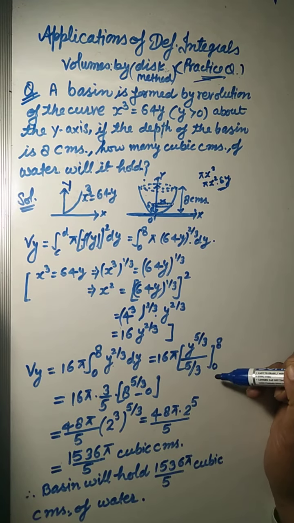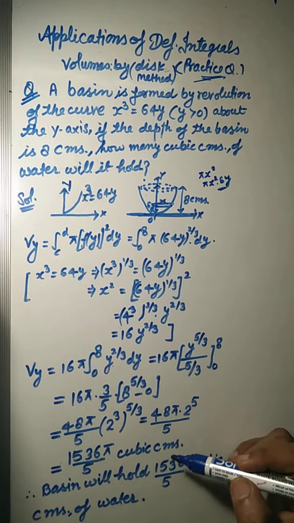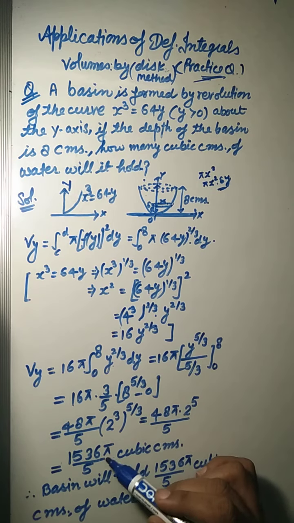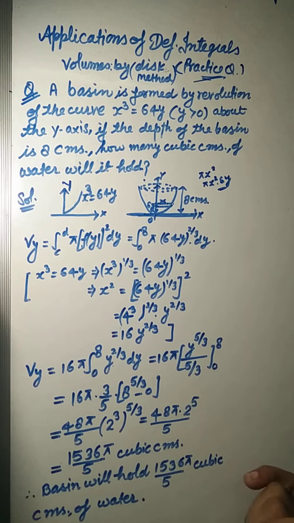After taking limit, we obtain 1536 pi upon 5 cubic centimeters. Therefore, basin will hold 1536 pi upon 5 cubic centimeters of water.